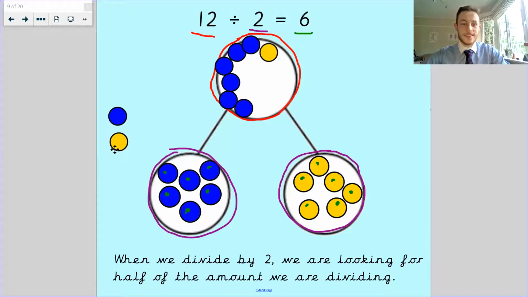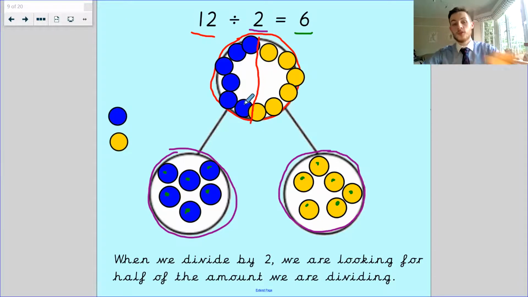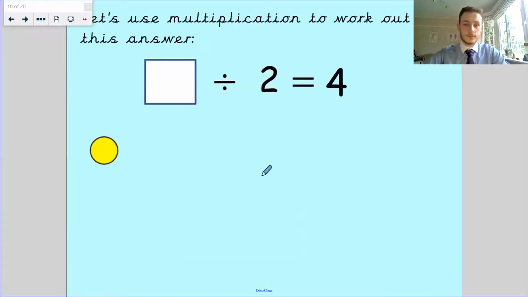So it'd be 1, 2, 3, 4, 5, 6. So you can see there what I've done is I have just split it down the middle. So all the blues have gone to one side, all the yellows have gone to the other side. So I've got 6 in each group. I've got 2 groups, and my total, my whole, is going to be 12.